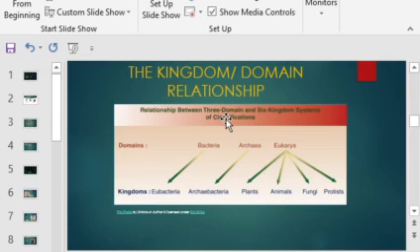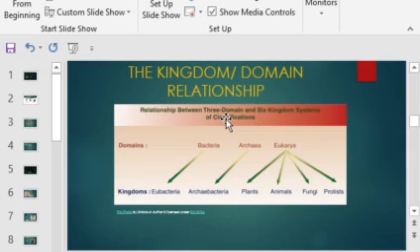So we have three domains. We have the bacteria, the archaea, eukarya, right? And then these are broken down into the kingdoms. So the eukarya have plants, animals, fungi, protists, and they also have eubacteria and archaebacteria.